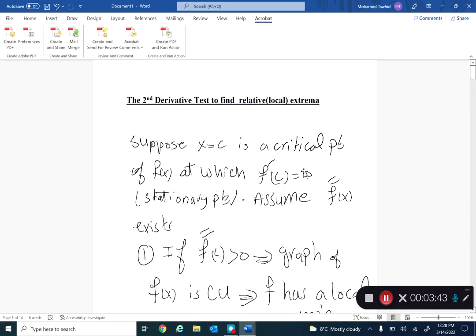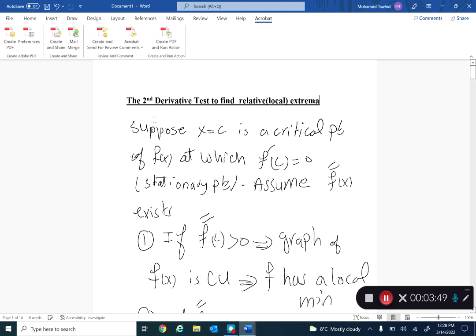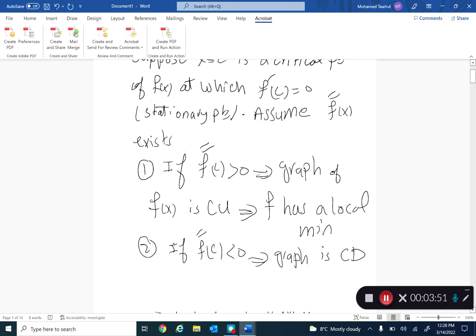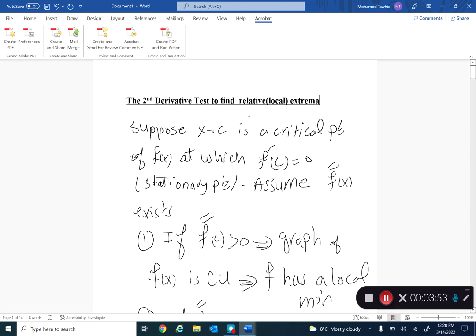Here we require a critical point. Compared to the first derivative test, where the critical point could be a stationary point or a singular point, for this test you only have a stationary point where your derivative is 0.